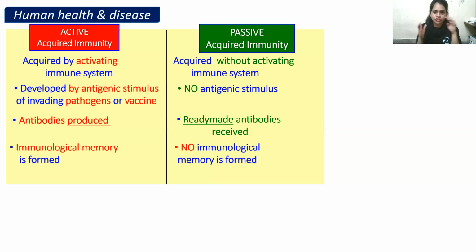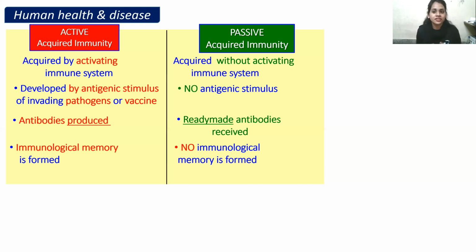You can get this question for your boards as well for 2 marks. Active is the one where the immune system is activated, it is producing antibodies because there is an antigenic stimulus. And in passive acquired immunity, the immune system is not activated, there is no antigenic stimulus, and the ready-made antibodies are given.